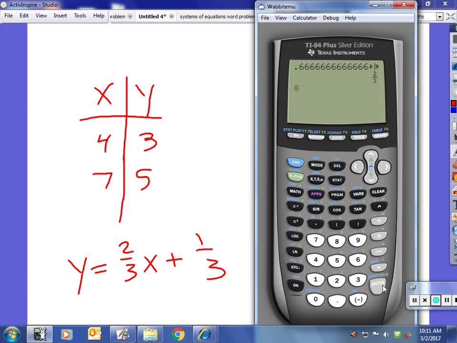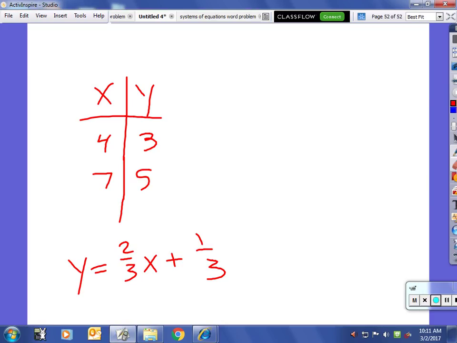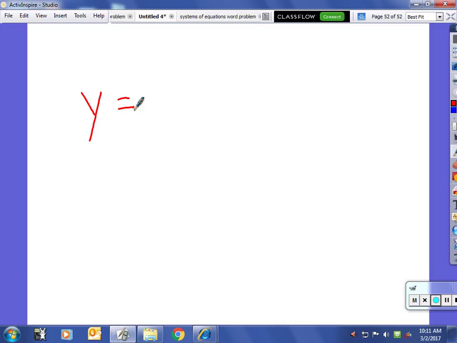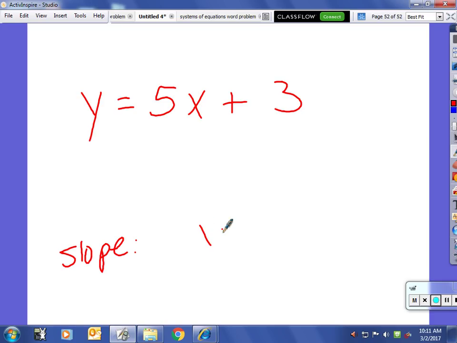All right. Here is another situation that drove me crazy. Let's say that you did this work and you came up with this answer, y equals 5x plus 3. And all I asked you for is what is the slope? I had kids tell me, oh, the slope is y equals 5x plus 3. That is not the slope.